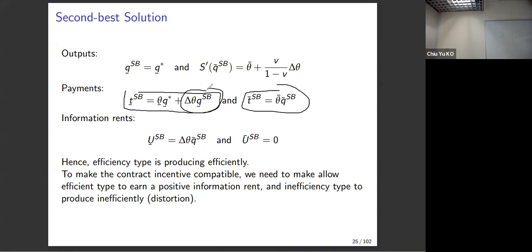So this is general. So if you change to continuum, then the same. Okay? But the distortion more and more for the inefficient one. So that is the main result, right, of this type of model.